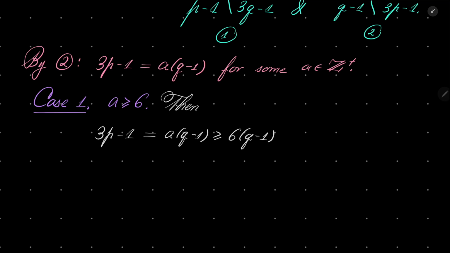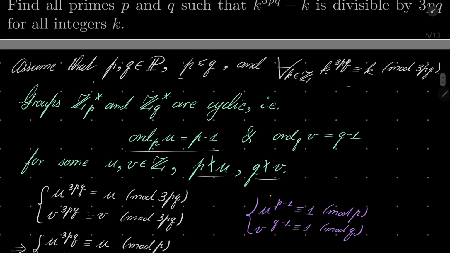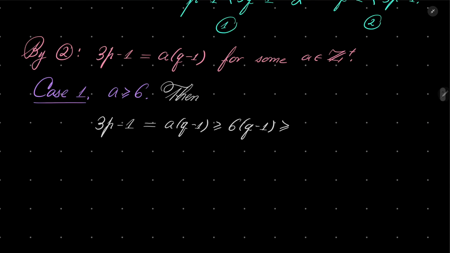And remember, let's go back, q is greater than or equal to p. So it's greater than or equal to 6 times p minus 1. Now, after some rearrangement, we will get that p is basically less than or equal to 5 over 3, which is impossible.